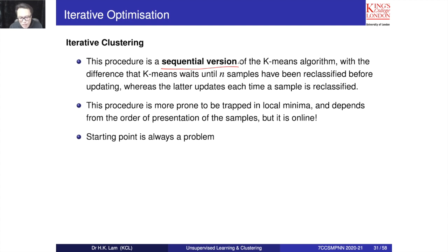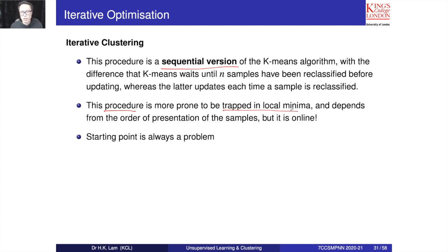So each time we only reclassify one sample, the one which is going to be moved from cluster i to cluster j. In this case, this procedure is very easy to be trapped in a local minimum, because we do not consider all the situations of all the samples.